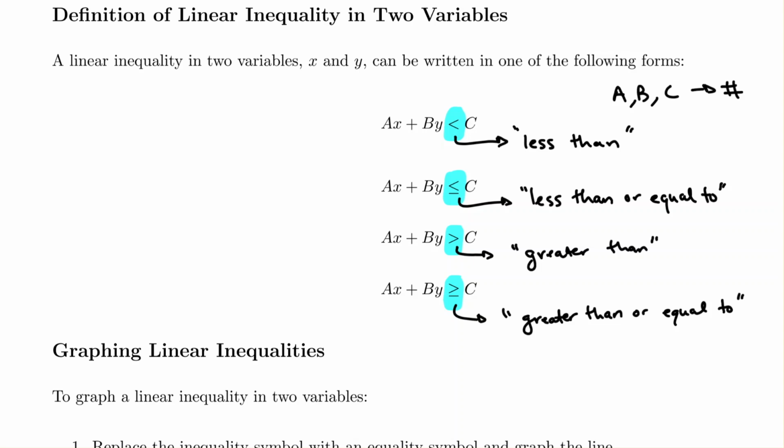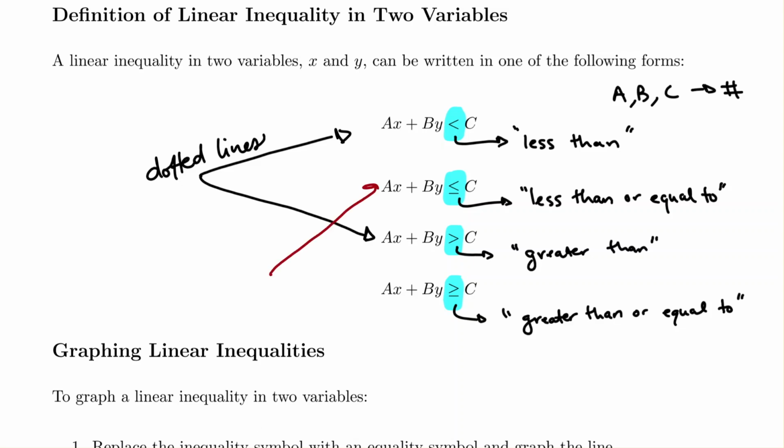So one of the first things that you'll want to focus on when it comes to graphing these is, are we using a dotted or solid line? You'll use dotted lines when it's not or equal to. So for just a strictly less than or strictly greater than, these kind of equations will use dotted lines.